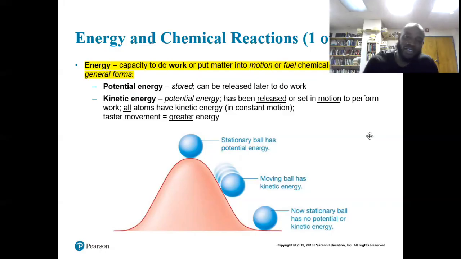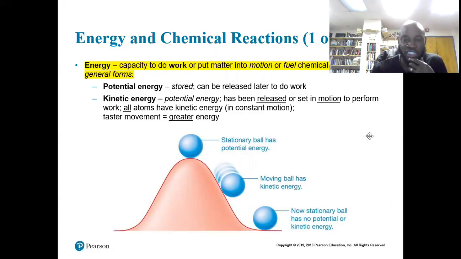Okay, so kind of a long definition. Energy is the capacity to do something, put something into motion, provide the energy to fuel a reaction. That's what we're going to define as energy, which is a little arbitrary, kind of hard to understand sometimes.